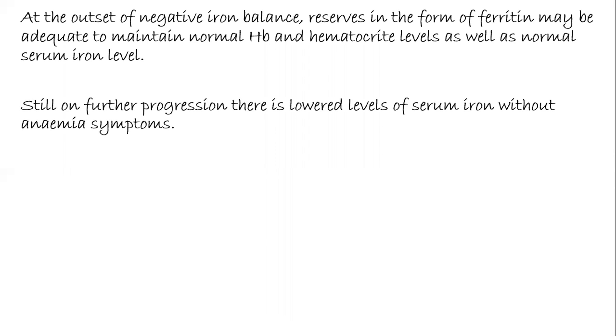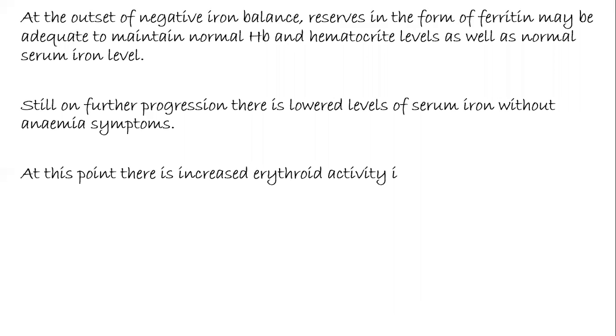Whenever the body does not get iron in proper requirement, the ferritin reserves are used, and the iron stored in the form of ferritin is utilized in the production of hemoglobin. So whenever there is decreased intake or decreased absorption of iron, you do not get the symptoms immediately, because our body has those reserves, and until those reserves are utilized and finished, our body is not going to show you the symptoms.